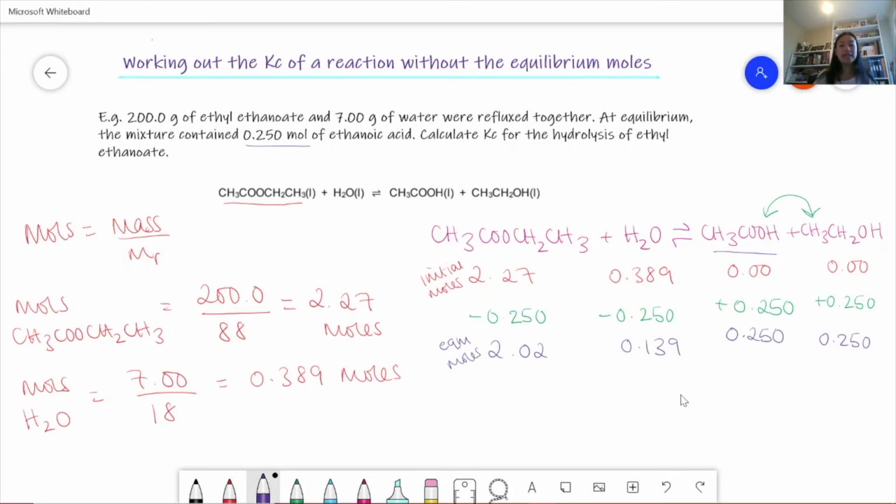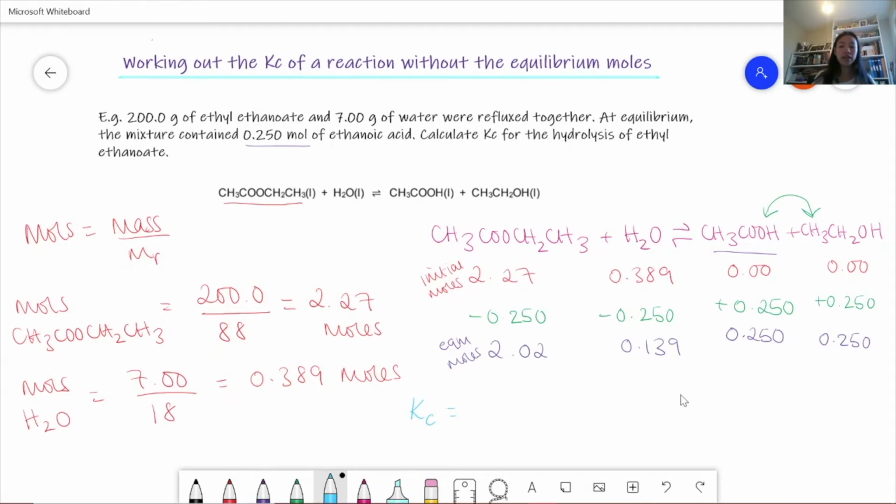So then we can use these to now find Kc. Because Kc is just a ratio, that means that we actually don't need to convert the equilibrium moles into concentrations, because if we do that, we'll actually get the same thing. So we can just work out Kc just using the moles.